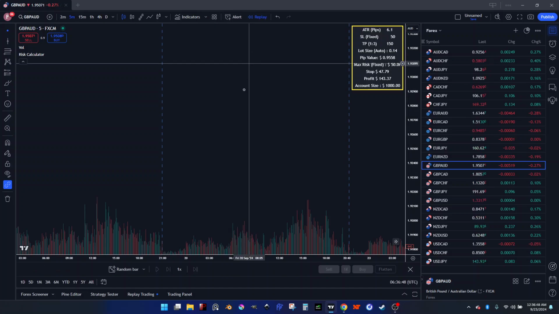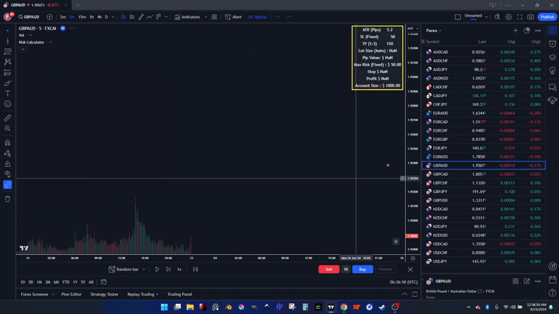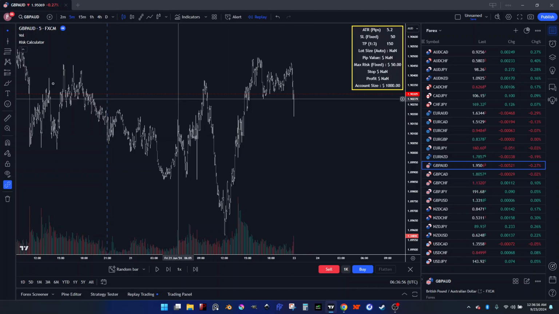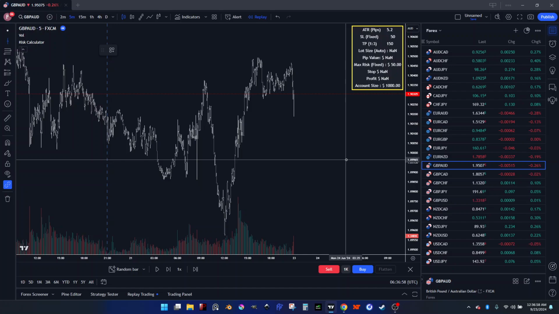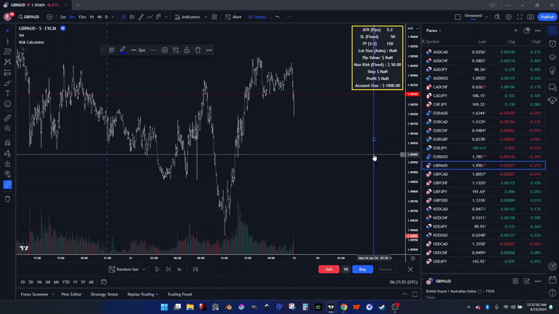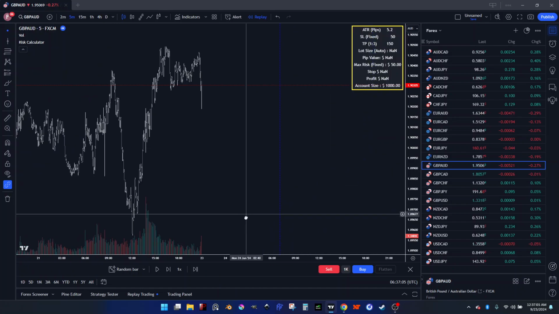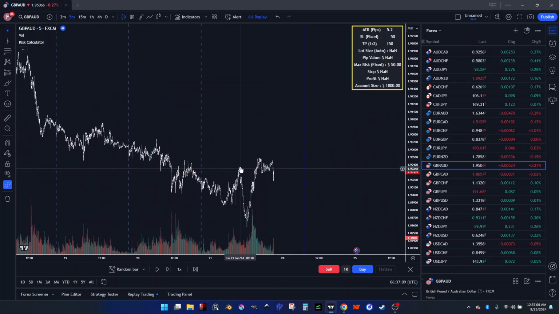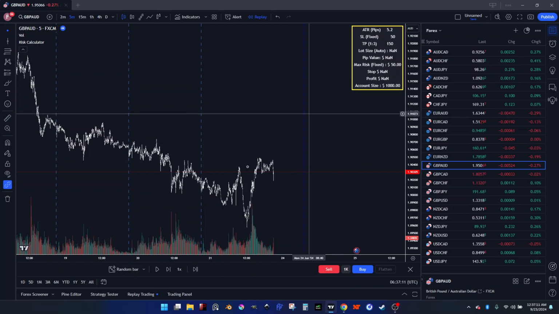And let's go to replay mode, random bar. And let's see, what time is it now? 20. So we have to do the vertical line at 7. Just in case, I'll move it back there. Okay. And it looks like we're starting to bounce up.